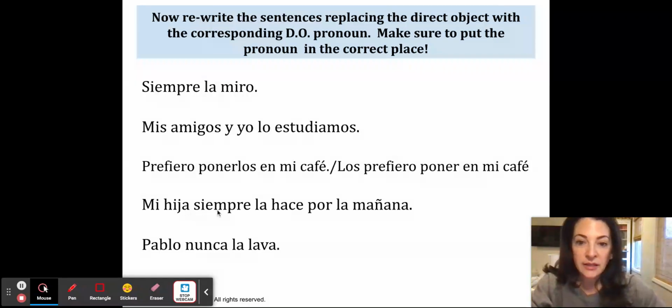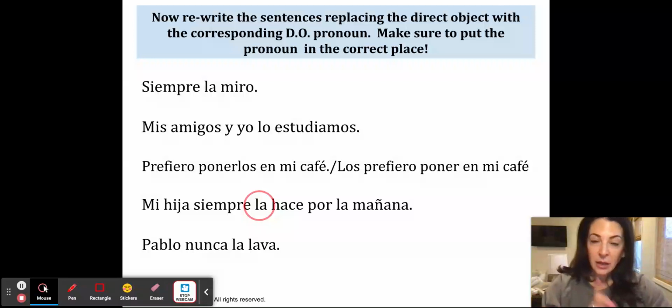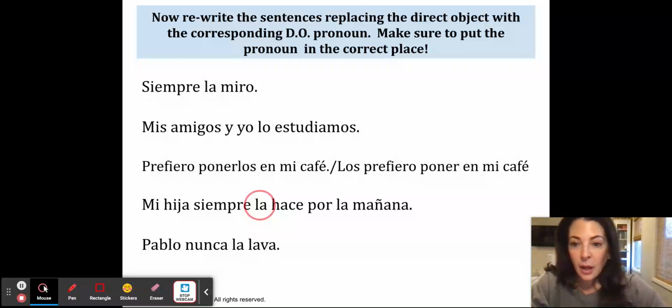And then, mi hija siempre la hace por la mañana. It was la cama. Replace la cama with la. Mi hija siempre la hace. Only one verb, hace. Pablo nunca la lava. La was la ropa, and there's only one verb, lava, so it has to go in front of lava. Okay, so that is it for the first step of direct object pronouns.